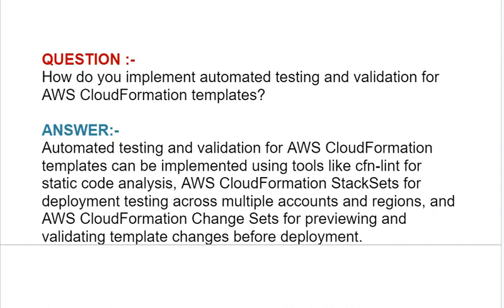Your answer should be: automated testing and validation for AWS CloudFormation templates can be implemented using tools like cfn-lint for static code analysis, AWS CloudFormation StackSets for deployment testing across multiple accounts and regions, and AWS CloudFormation change sets for previewing and validating template changes before deployments.